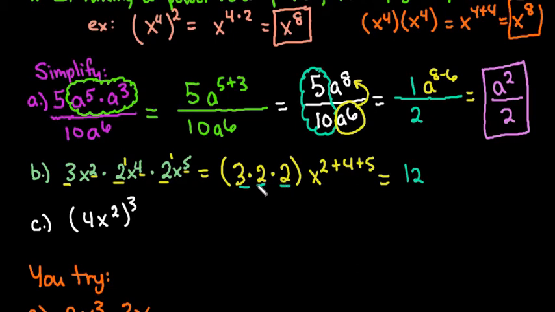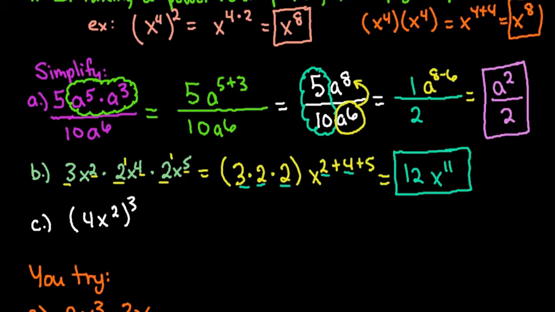Or I could have started with 2 times 2, got 4, and 4 times 3 is also 12. A lot of times there's more than one way to arrive at the same answer. Now, 2 plus 4 gives me 6, plus 5 more gives me a total of 11 x's. And that would be my final answer.